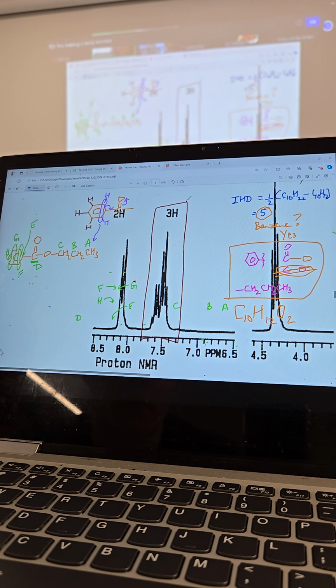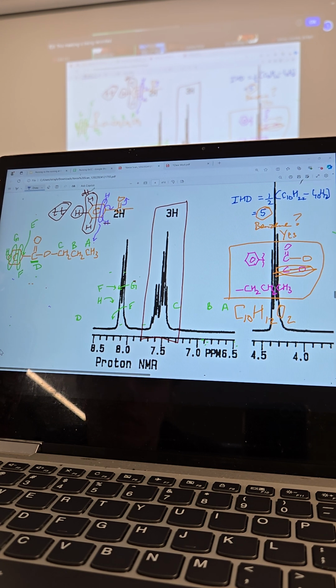It's complex. It's not just a doublet or triplet or quartet, because that hydrogen should be a triplet of a triplet, and these hydrogens should be a doublet of triplets.